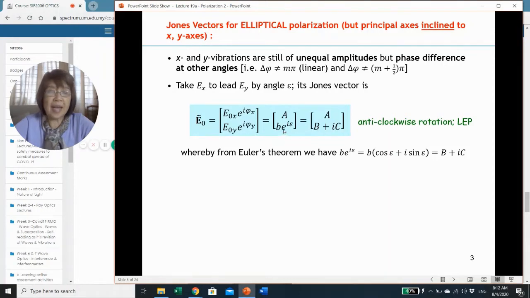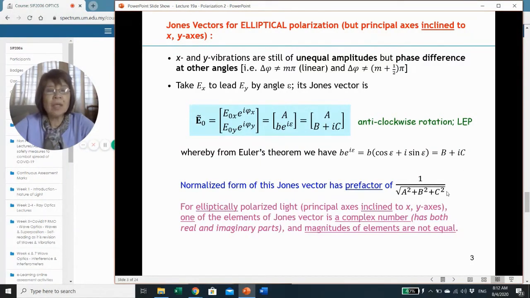Why do we write it this way? Because B exponential i epsilon can be written using Euler's theorem as B cos epsilon plus i B sine epsilon. So this term becomes B, and B sine epsilon is represented by C. The normalized form of this Jones vector would have a prefactor, because we have to make the sum of the squares of the elements equal to 1.